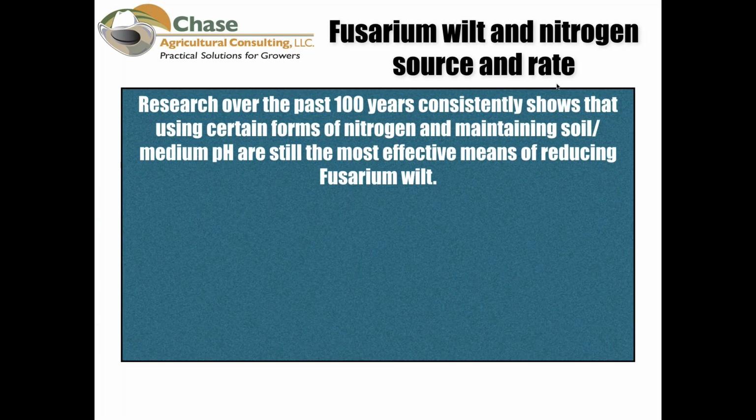If you go back over the last 100 and now probably more like 120 years, and you look at all of the research on controlling Fusarium diseases on all crops, not just ornamentals, all crops, then what you find is that certain forms of nitrogen and certain pH situations, whether it is in soil or in potting media, are still the most effective way to reduce Fusarium wilt.